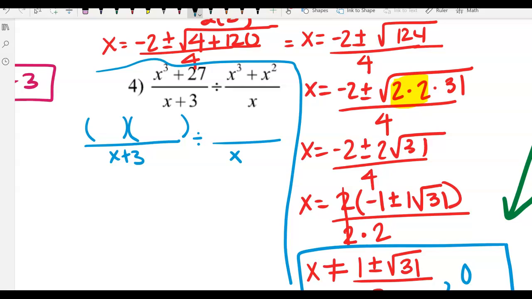And then the second numerator, Tamer, factor the second numerator and give it to me when you're ready.